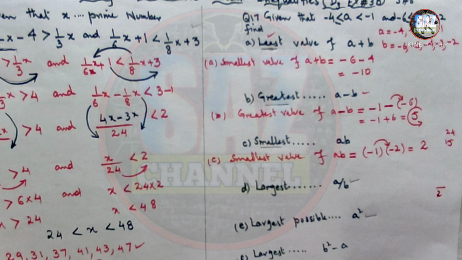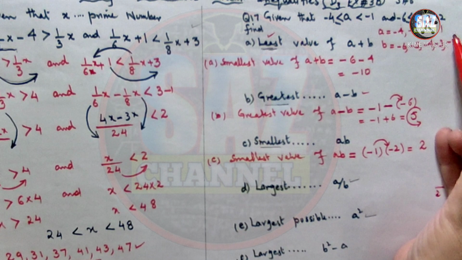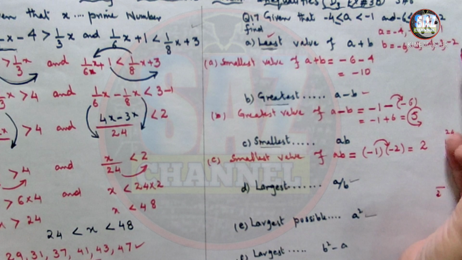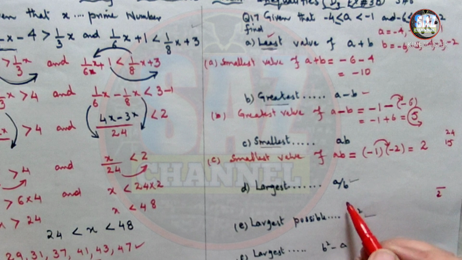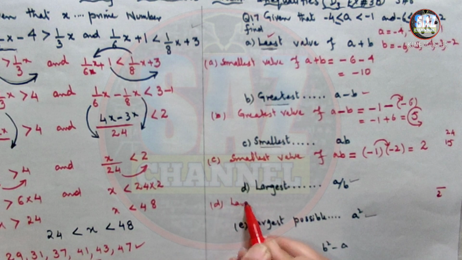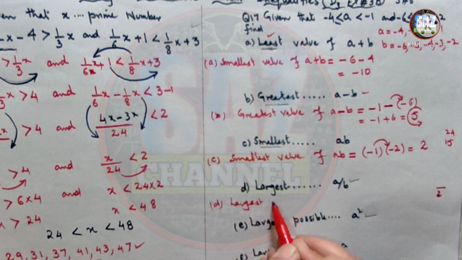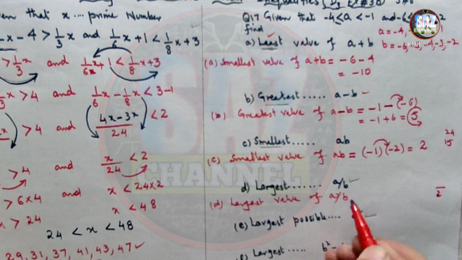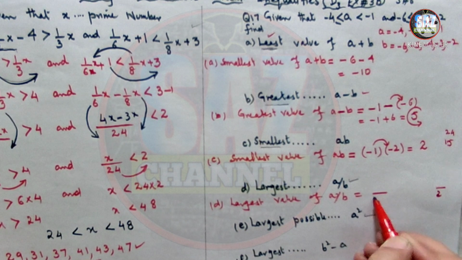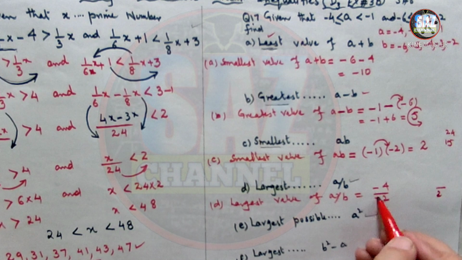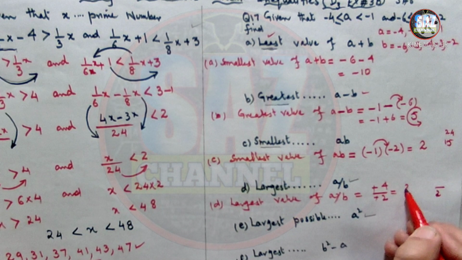If we look at the range values of B, the number which is smallest in its value is 2 with negative sign. So the largest value of A over B, with B as -2 and A as -4, is -4 by -2, and this is +2.